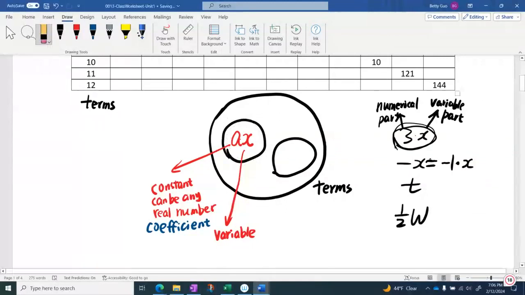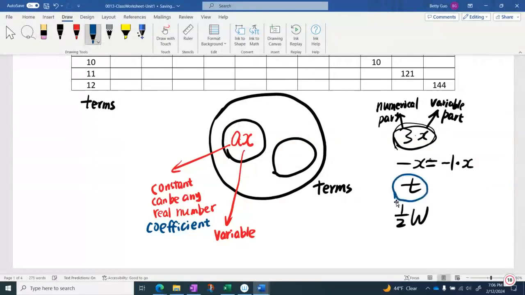Okay, very good. And next, please help me to determine if this guy is a term, just one letter t. By the way, t is not a constant, it is a variable. Help me to determine, is that a term?